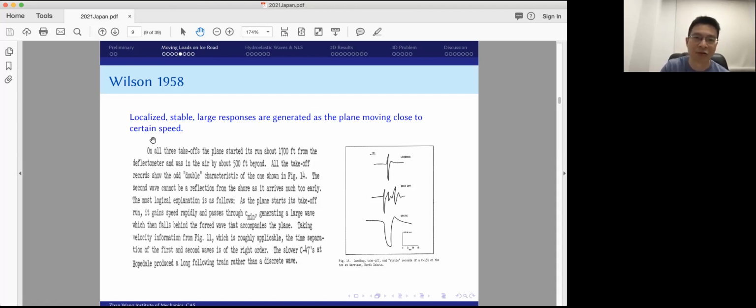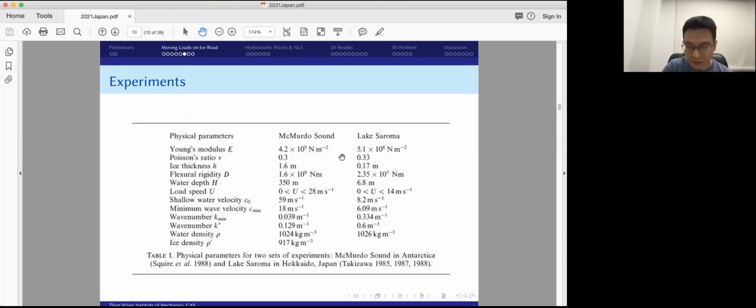He saw localized, stable, large responses generated as a plane moved close to this critical speed. He found a very, very special speed, a magic speed. And because of the existence of the magic speed, people tried to do more experiments to confirm his assertion.